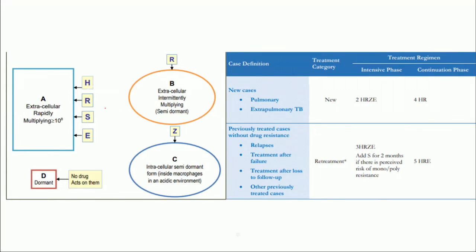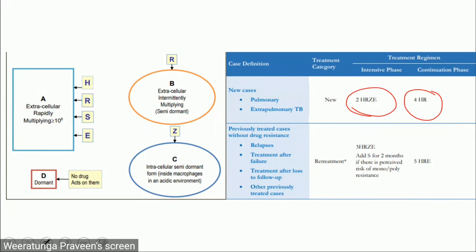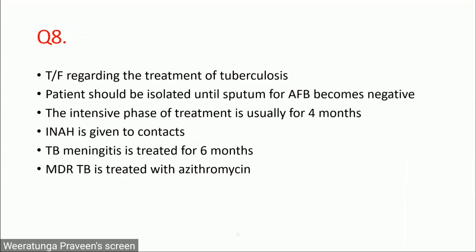Right. So all of you know there is an intensive phase and a continuation phase. So you know the regimes, නේද? ඒක මෙතන තියෙනවා. So HRZE for 2 months in the intensive phase, and then the continuation phase will be HR for 4 months. Sorry, isoniazid rifampicin for 4 months. Right. So 6 months is the usual time period.